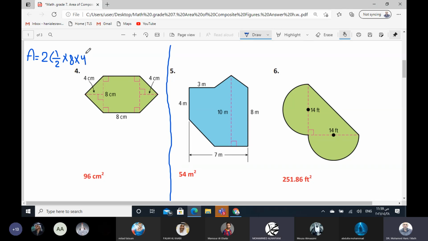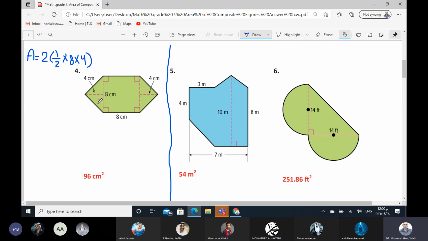Mister, I have a question. A question from my mind. Mister, what is the Pentagon's rule? We can divide the pentagon into many triangles.